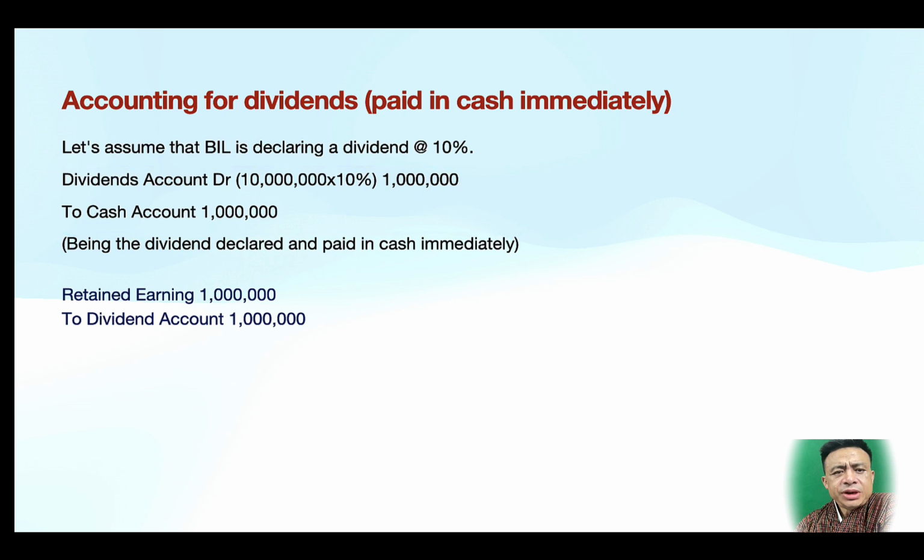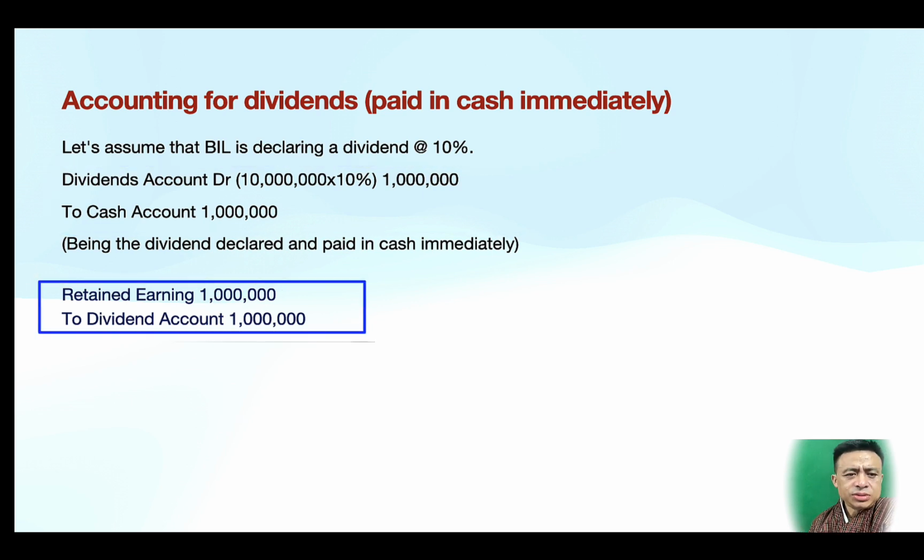However, the dividend account will not appear in the financial statements because it's a temporary account, and it will be written off by passing an entry: retained earnings account debited and dividend account credited. So dividend is paid out of the retained earnings. The retained earnings will reduce by the extent of dividend paid.